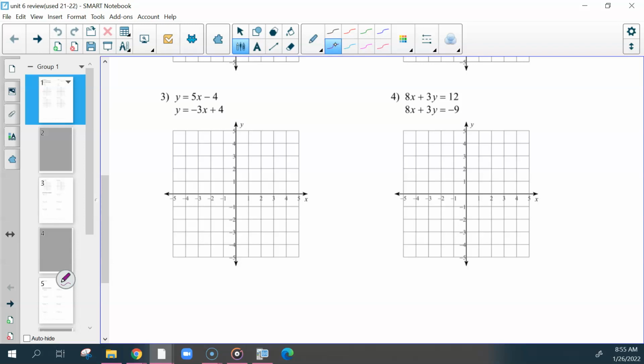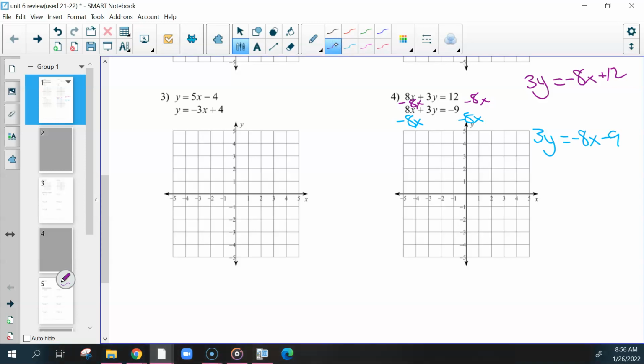So if I'm doing that, I would need to subtract my 8x on both of these equations. So this first one, I have 3y equals negative 8x plus 12. And my second one, I have 3y equals negative 8x minus 9. I just did them at the same time.